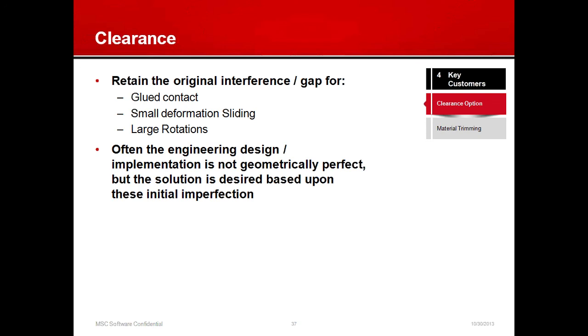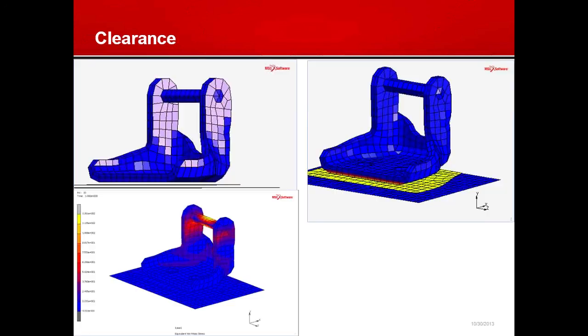It allows you to deal with glued contact or small deformation sliding or large deformation sliding and large rotations, where there's an initial gap, either by design, an imperfection in the model, or perhaps you did some geometric change to your model.